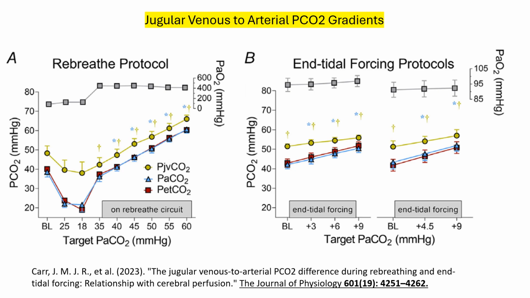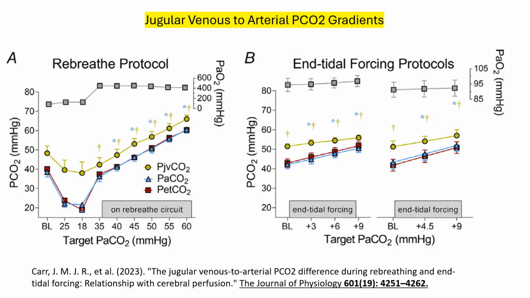These models must also incorporate the difference between the brain compartment PCO2 and the tissue compartment PCO2. A recent paper by J. Carr and colleagues examined the jugular and arterial CO2 during both Duffin rebreathing test and end tidal forcing tests.